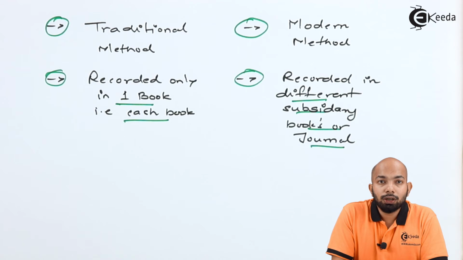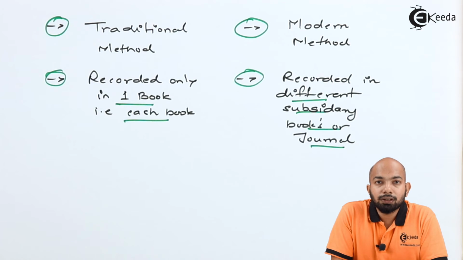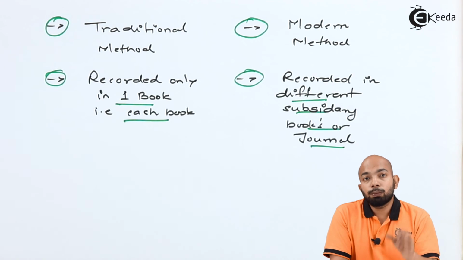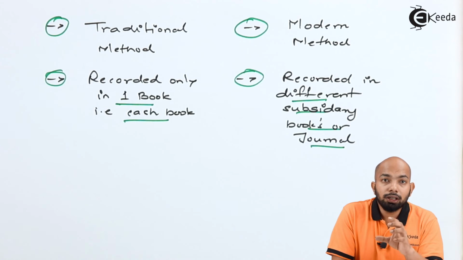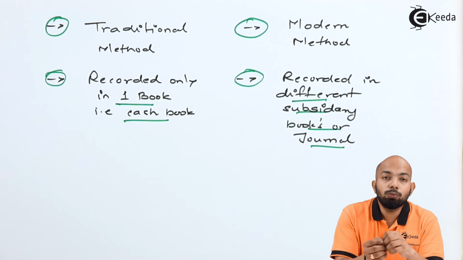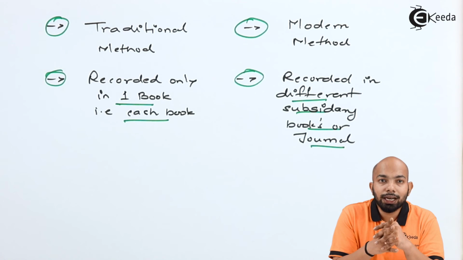Hence, to ensure that dual aspect is utilized over different books, we record these transactions into different subsidiary books and different journals. That helps us to produce every transaction under one single account. So if you have purchase transactions, you have a purchase account, and similarly different vendor accounts from whom or to whom these purchase transactions were made.